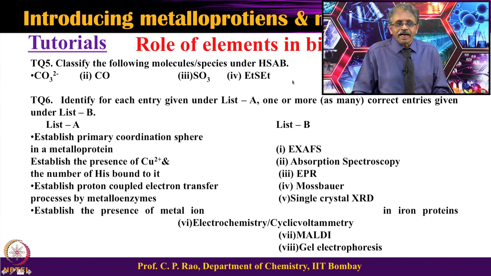Then, to decide acid or base: if it can donate electrons, it will be a base; if it has empty orbitals and can accept electrons, it will be an acid. So, therefore, Lewis acid, Lewis base, hard and soft. I think you can sit at home and do all this, because I have given all the things. For example, carbon monoxide, in the maximum number of cases it binds through the carbon. So, that you need to take.